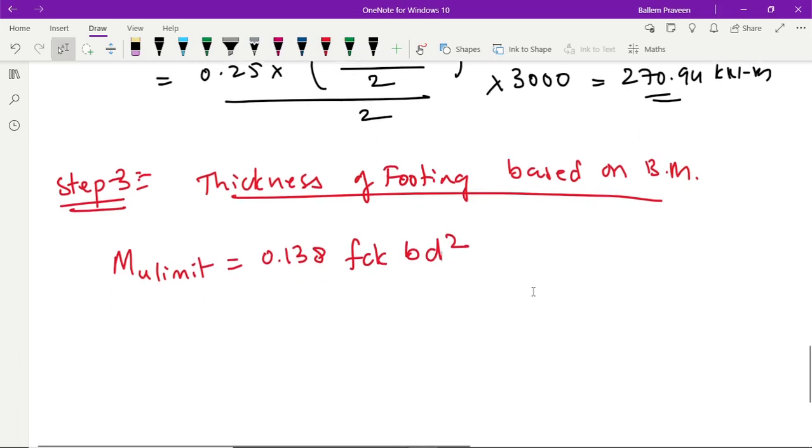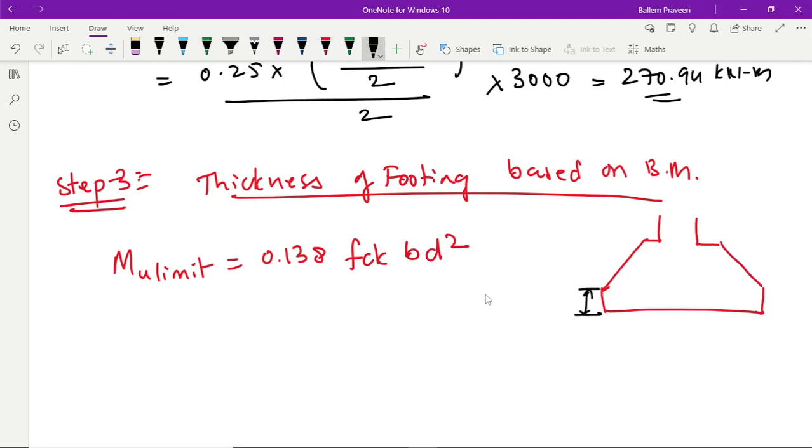Okay, so here, as I told you, you will have two depths. So let us take this as D1 and this is your D2. So you need to find out these two values.